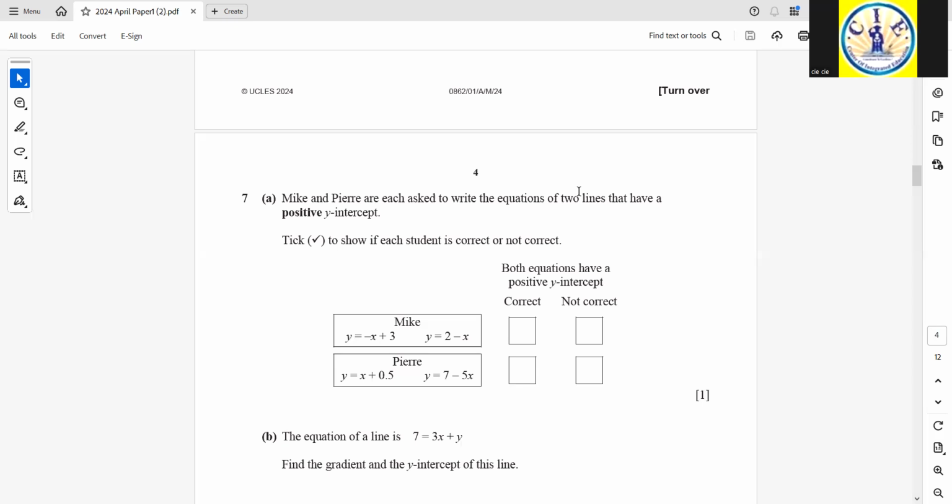Okay, question number 7. Mike and Pire are each asked to write the equations of two lines that have a positive y-intercept. Tick to show if each student is correct or not. Both equations have a positive y-intercept.